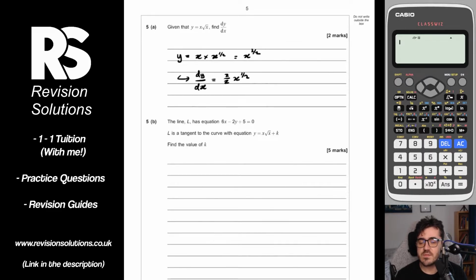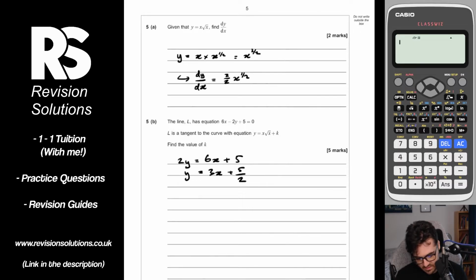So let's find the gradient of this line by re-expressing it in terms of y equals mx plus c. So if I bring the 2y over, I would have 2y equals 6x plus 5. Then dividing everything by 2, we'd have y equals 3x plus 5 over 2.